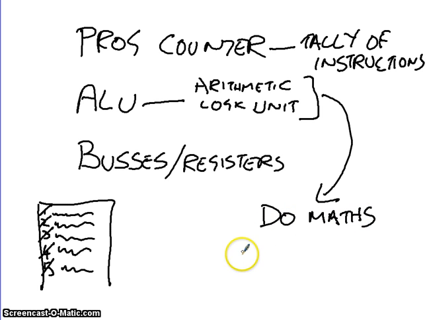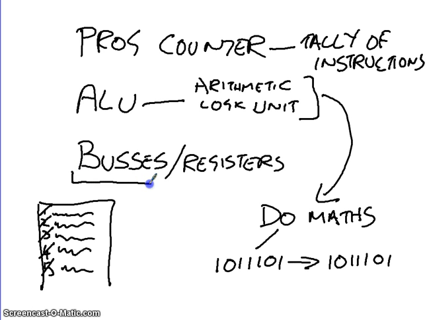Now, as we've talked about from last year when we do data representation, all computer programs are made up of ones and zeros. So when we want to add something, we basically have to do maths. Doesn't matter what instruction we do, there has to be a mathematical operation. So the ALU has a heck of a lot of work to do.